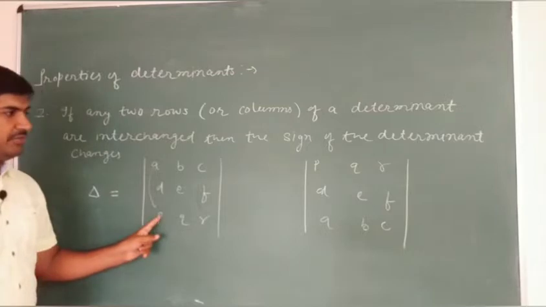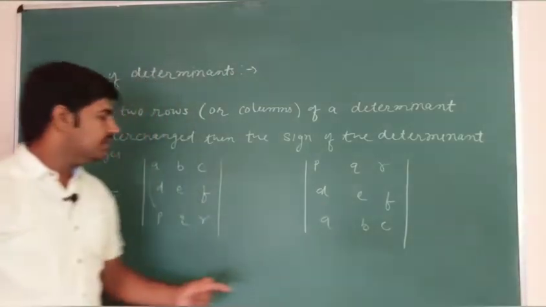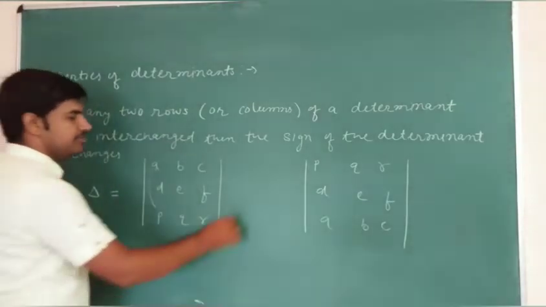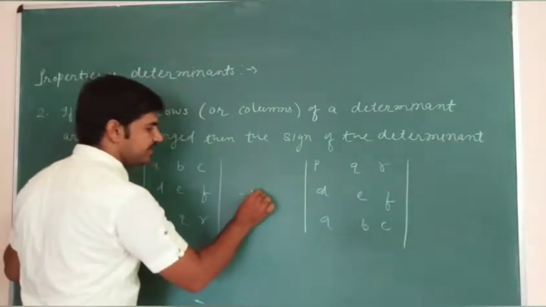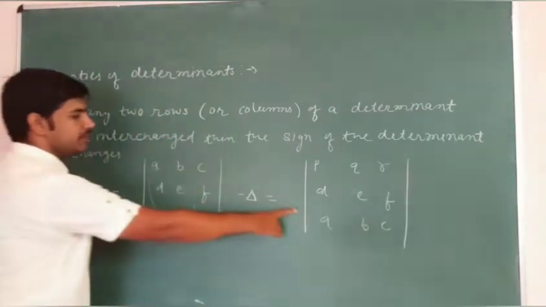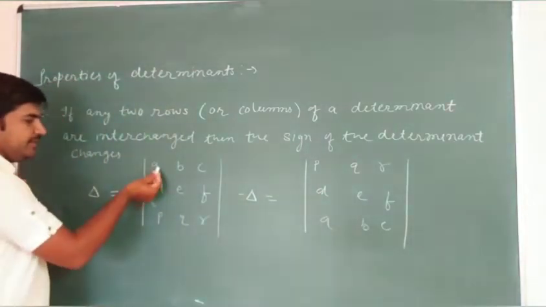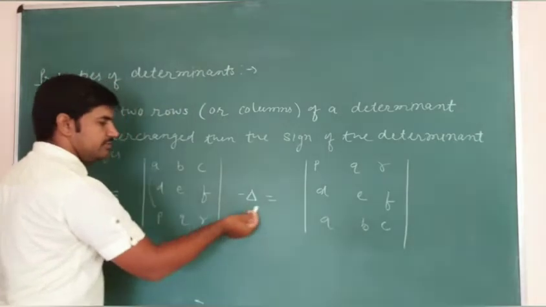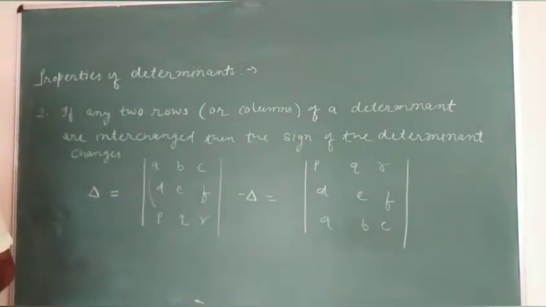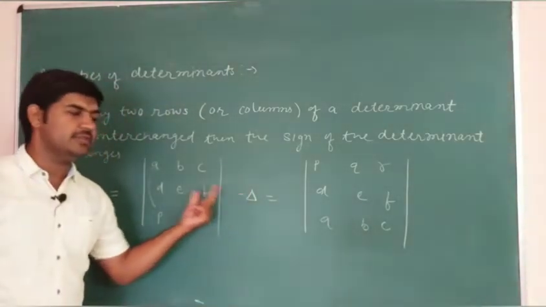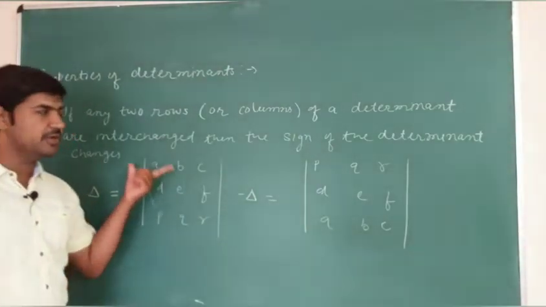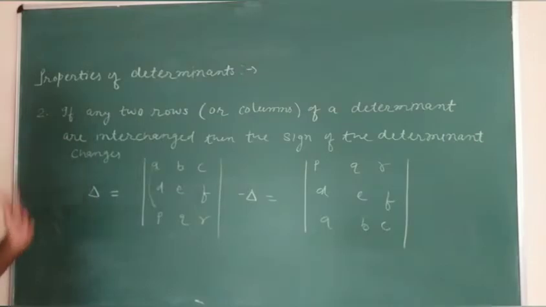What will be its value? The value will be minus del. If this is del, then this will be minus del. It means if we interchange any two rows, the value of the determinant gets multiplied by minus sign, or the sign of the determinant has changed. This is the second property of determinants.